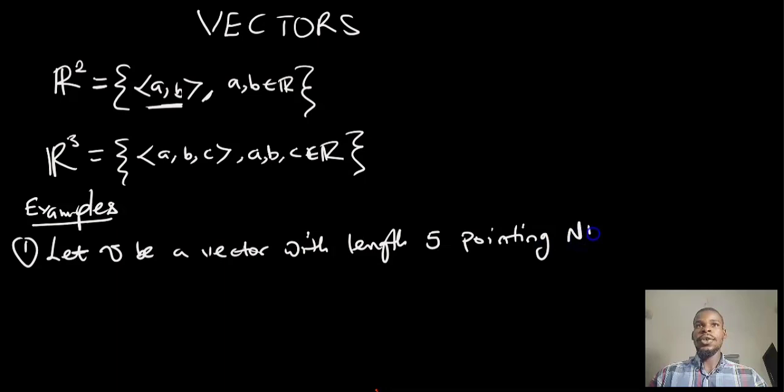So you want to represent a vector where the length is measured as 5 units, could be 5 meters, could be 5 centimeters, whatever, and it's pointing in the northwest direction.